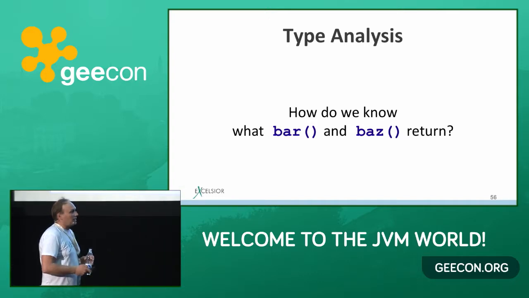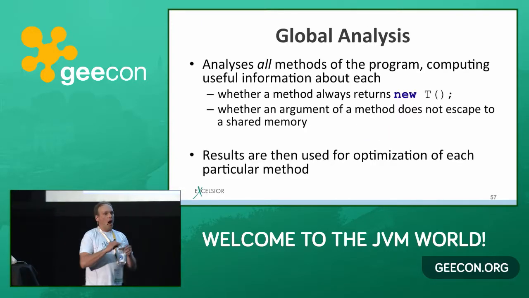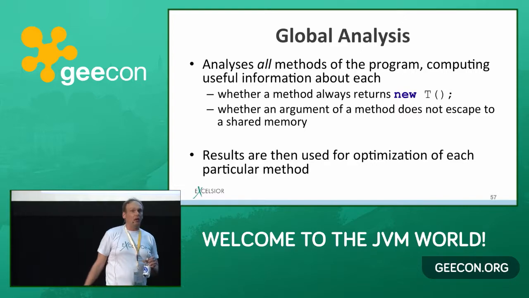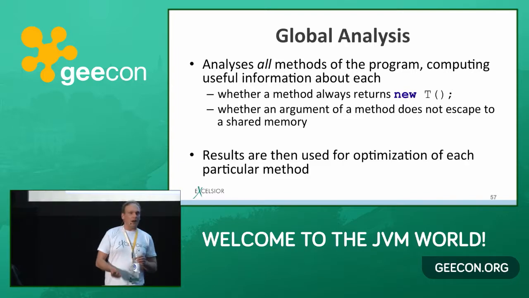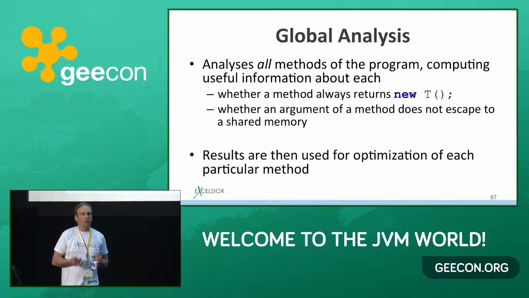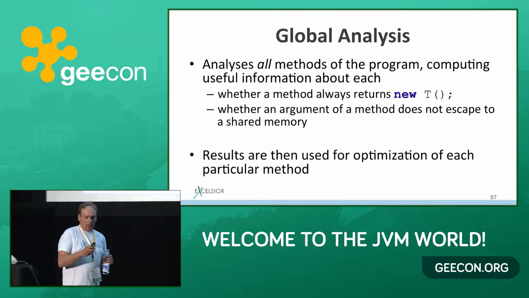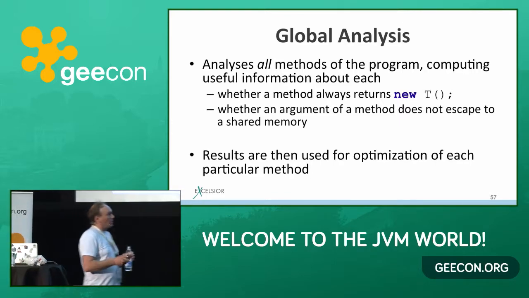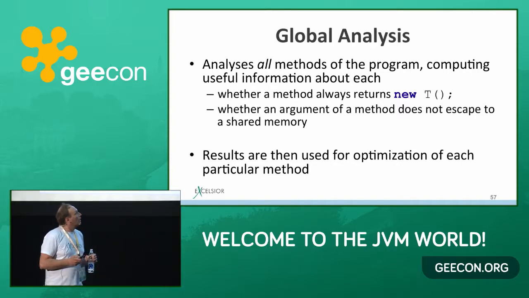For instance, it can scan all methods of your application prior to optimizations and calculate some useful information about each. For instance, it calculates instances of what classes are returned from concrete methods. And starting our analysis from the leaf methods that do not call anything up the call hierarchy, we can calculate such information quite efficiently. And the situation when we know what bar and bus return often becomes available.